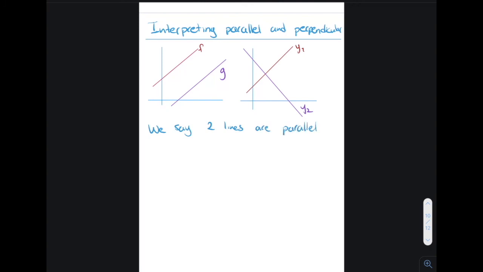Well, we say that two lines are parallel if we think of their infinite extensions never intersecting. And in a similar geometric sense, we can define perpendicular to mean that the two lines intersect at a 90-degree angle.